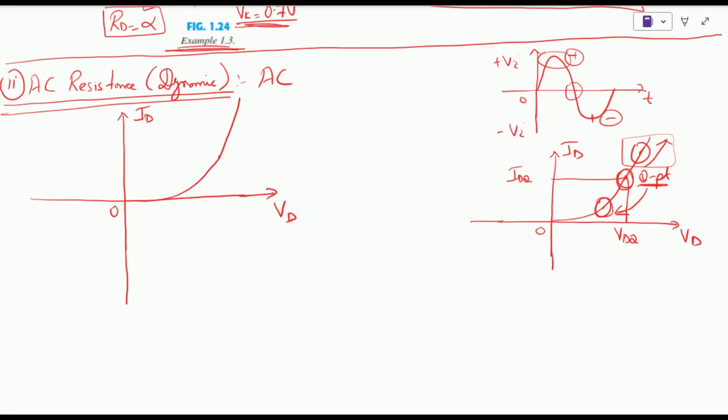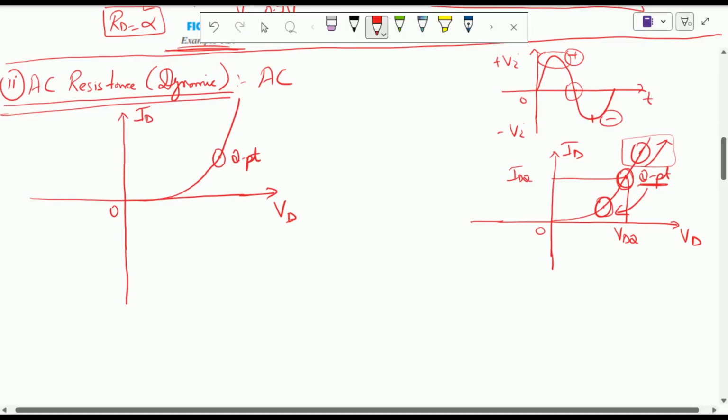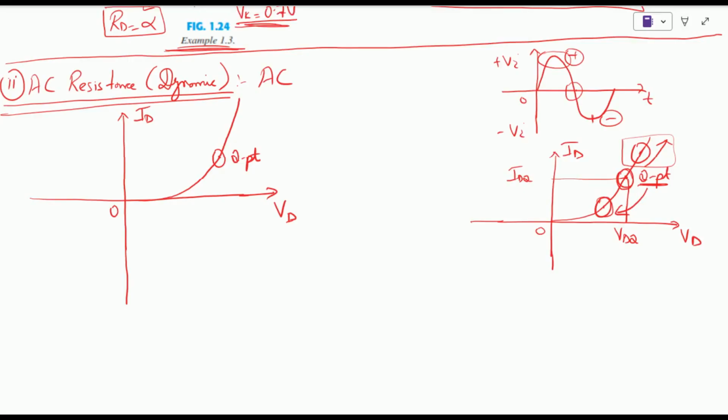Initially the Q point was over here. Now what happened? Because of the AC signal, our Q point first jumped to this point. Let me call this Q1. After the negative cycle was received, the Q point came back to the second point. Let us call this Q2. The same Q point is basically moving in an upward and downward trend, doing a to and fro motion from its base point, which was Q0.